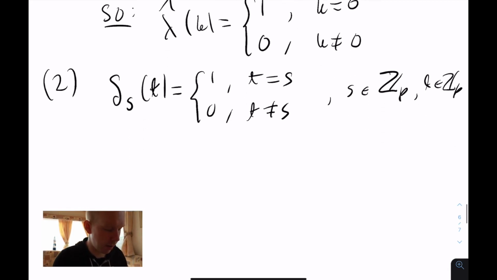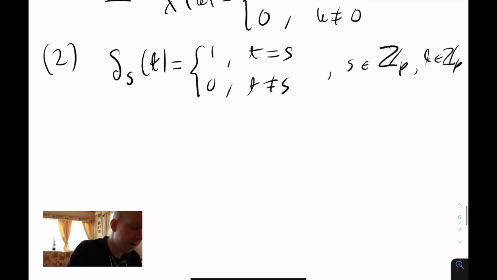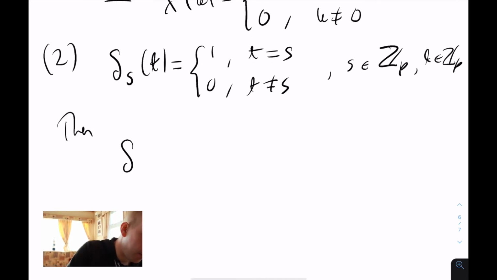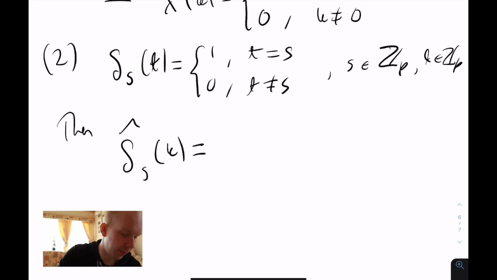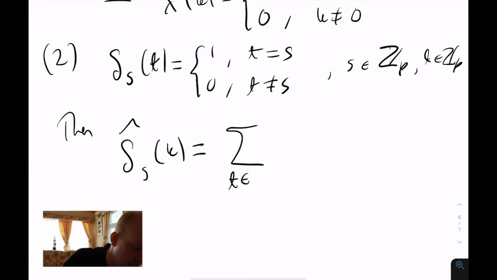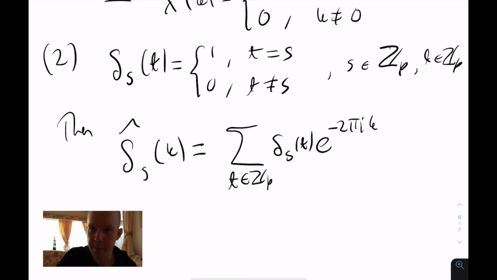So that's first the Dirac mass. Then the Fourier transform, if you compute this at k by the definition, is the sum over Zp of delta s at t times e to the power minus 2 pi i k t over p.